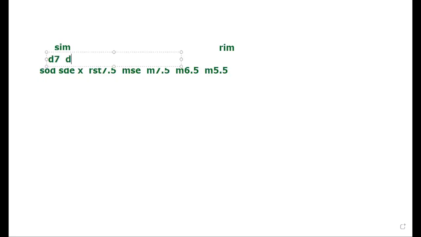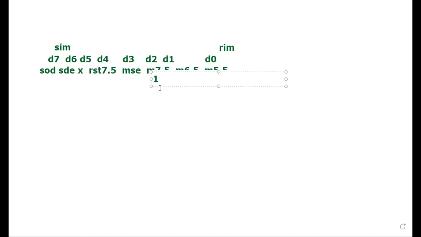D7, D6, D5 bit is not used. D4 bit is used for the internal reset. D4, D3 bit, D2 bit, D1 bit, and D0 bit. Okay. So in order to mask the interrupt, the bit should be 1.